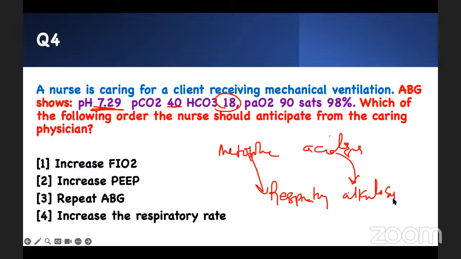The patient cannot do that. So the nurse and the doctor have to come and look at the ABG and say, we need to correct this ABG. How do we correct it? Respiratory alkalosis. Then you ask yourself, how does the ventilator do a respiratory alkalosis? Critical thinking, something you know, but some don't explain it to you.